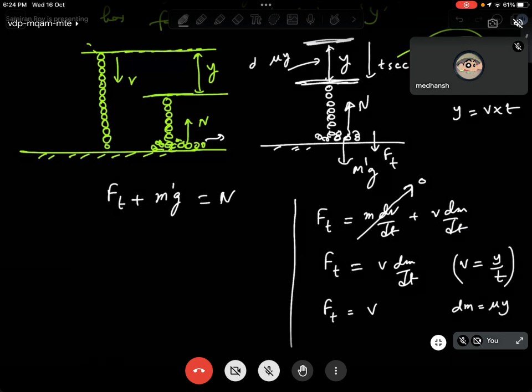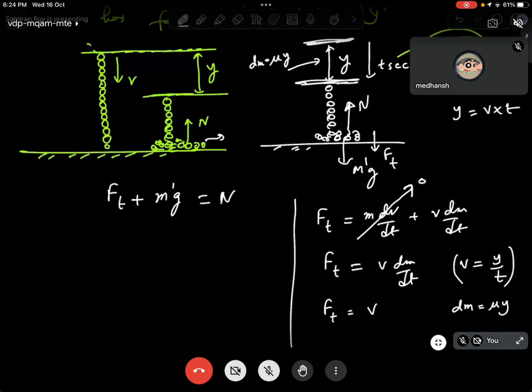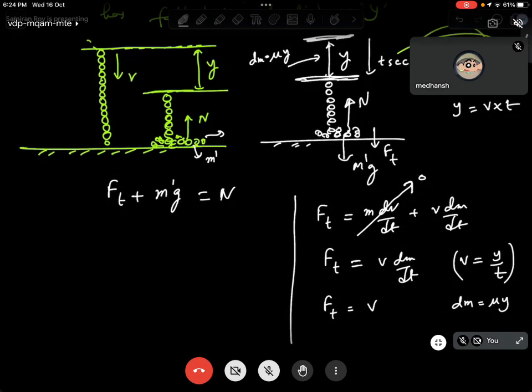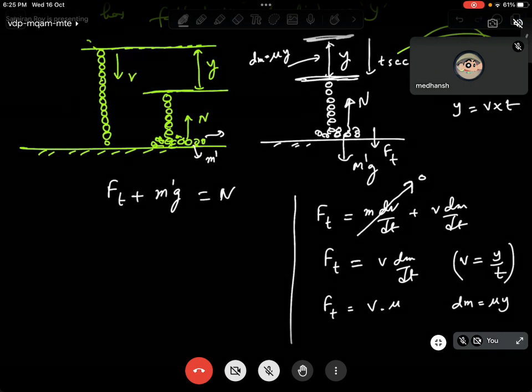Clear? So the thrust force is v into dm by dt, where dm is mu into y and dt is time t.